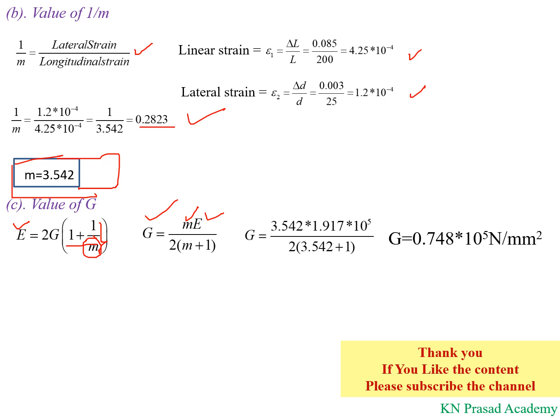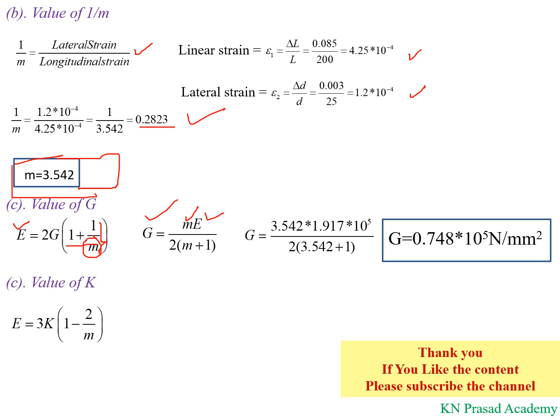square. Next we have to determine the value of the bulk modulus. We know the relationship between the bulk modulus and the Young's modulus, that is E equal to 3K into 1 minus 2 by M. This equation can be written in terms of K, that is K equal to M E divided by 3 into M minus 2.